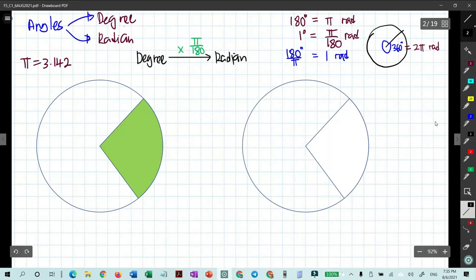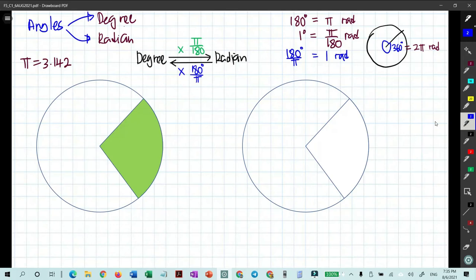And at the same time, if you want to convert radian back to degree, then you have to multiply the value of the angle in radian with 180 degrees divided by pi. Okay, as I already explained earlier, the value of pi should be 3.142. Avoid using the pi value from the calculator. So this is about the unit conversion.